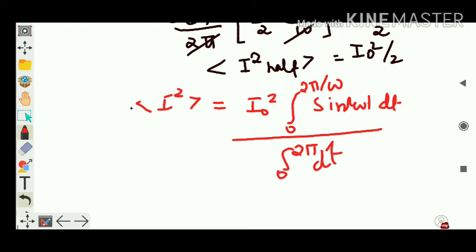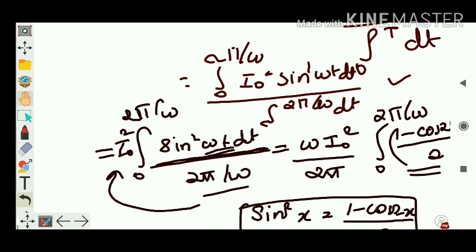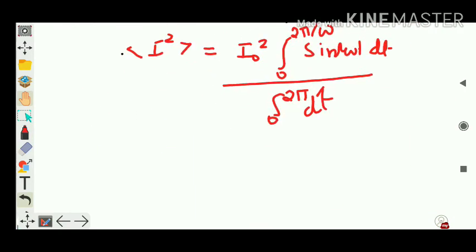We have written this in the earlier section, I hope you remember. If not, we can go back. So I'm writing it again. We just found the value of this one as I naught squared by 2, remember. I'm going to compare these two equations.